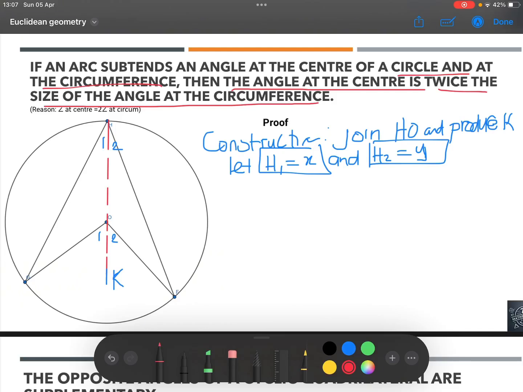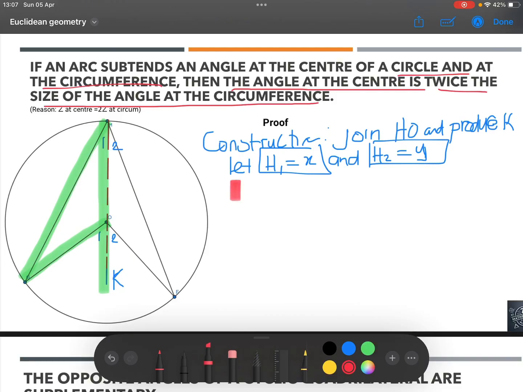Okay, so now let's look at the first triangle. I'm going to highlight it. Let's look at this triangle, that will be triangle OHG.